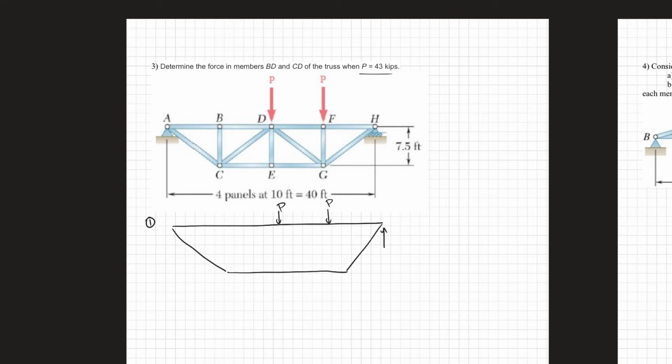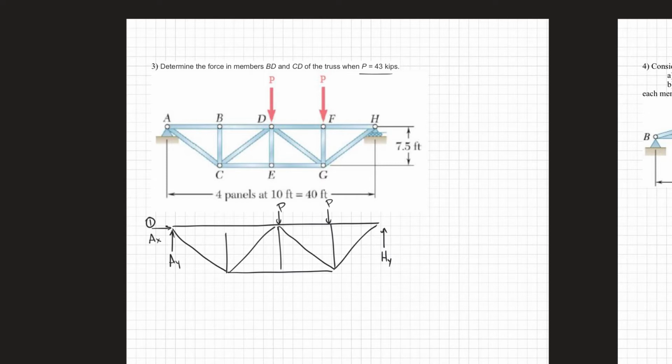This is a roller, so it can only act upwards, so that's going to be HY. Over here we have a pin, so this is going to be AY, and this will be AX. If you wanted to, you could draw this internal stuff, but it's not technically important. This took me a split second to do, but it helps me a lot with solving the problem, because all the internal stuff doesn't matter.